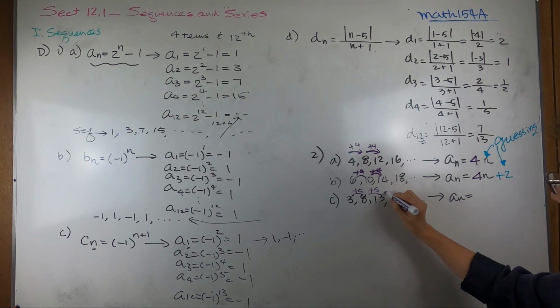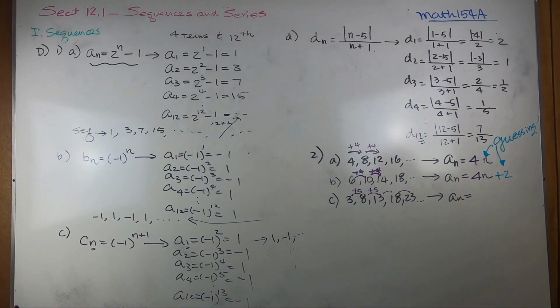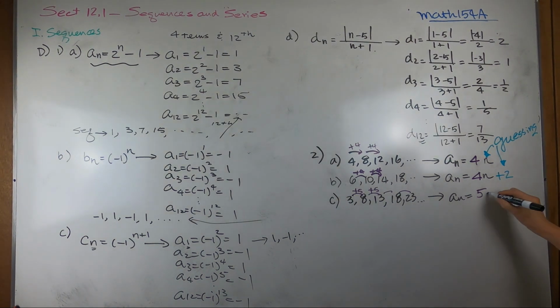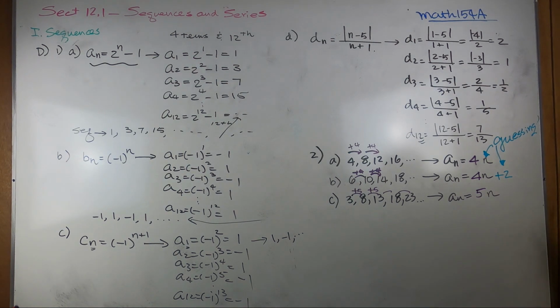Is that right? Add 5. So we say by adding, I should have what? 5n. Right? Then to guess, we are just guessing, right? So 5n would be what? 5, 10, 15, right? 20, and so on.